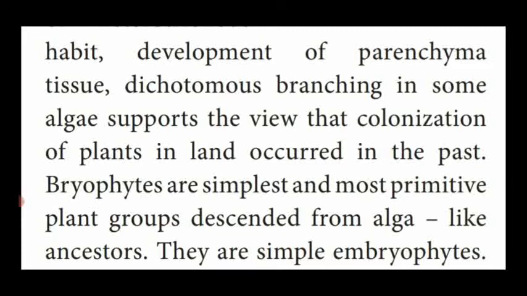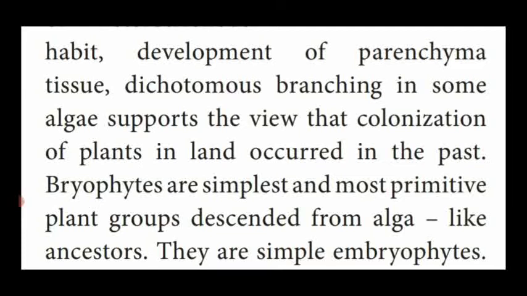They are the simplest form of plant kingdom and also the most primitive plant group, that is the basic plant group, which is produced from alga-like ancestors. That means the bryophytes are produced from the algae.